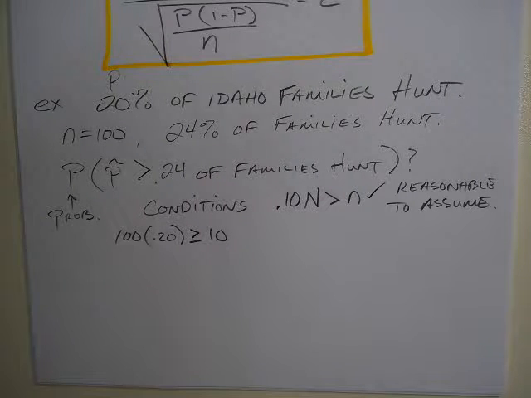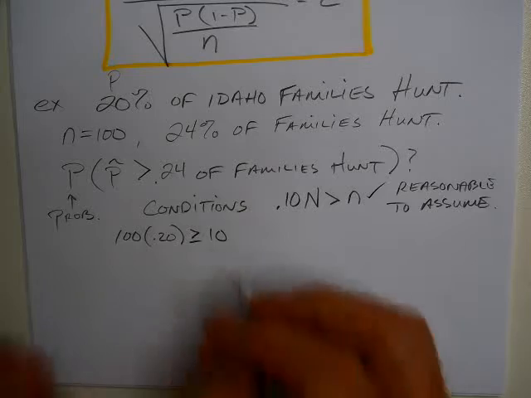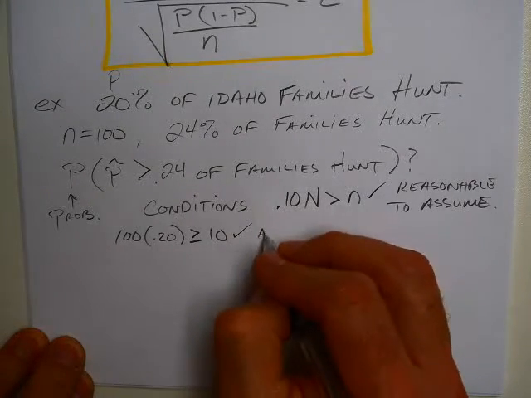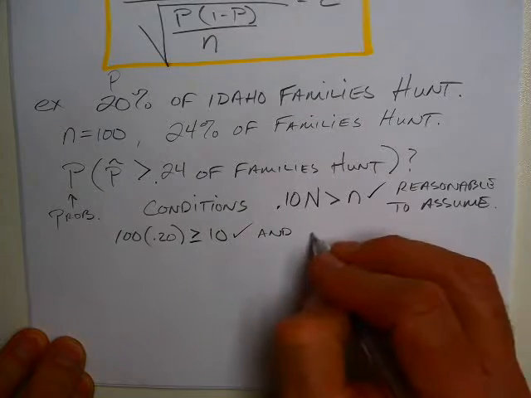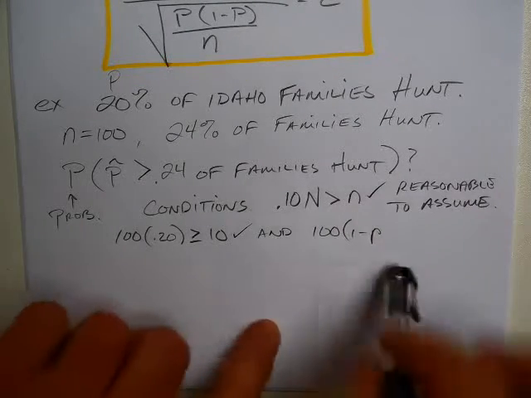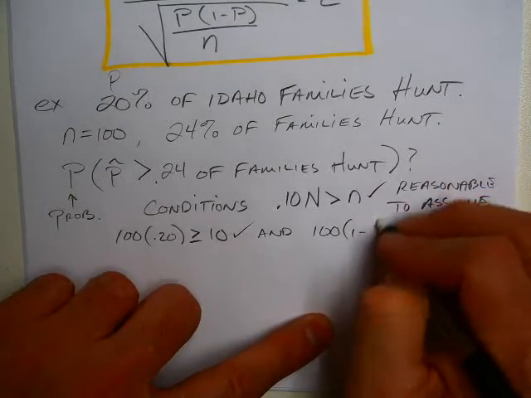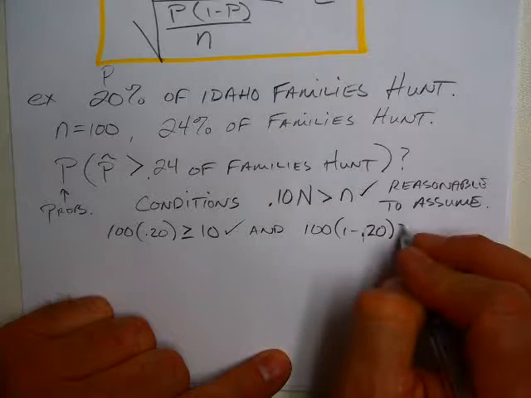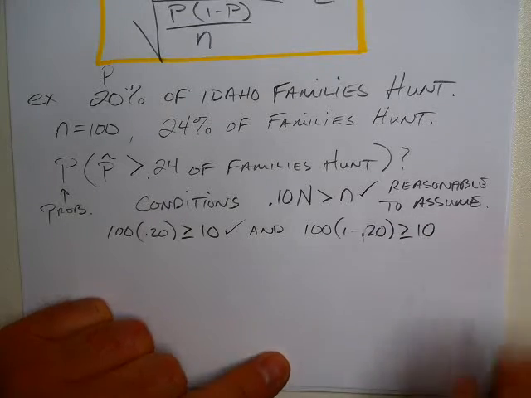Yeah. If it's something that's obvious, you don't need to show me the math. If it's close, show me the math. Okay? But this one's pretty obvious. It's definitely true. But we also have to check, is 100 times 1 minus 20% also greater than or equal to 10?